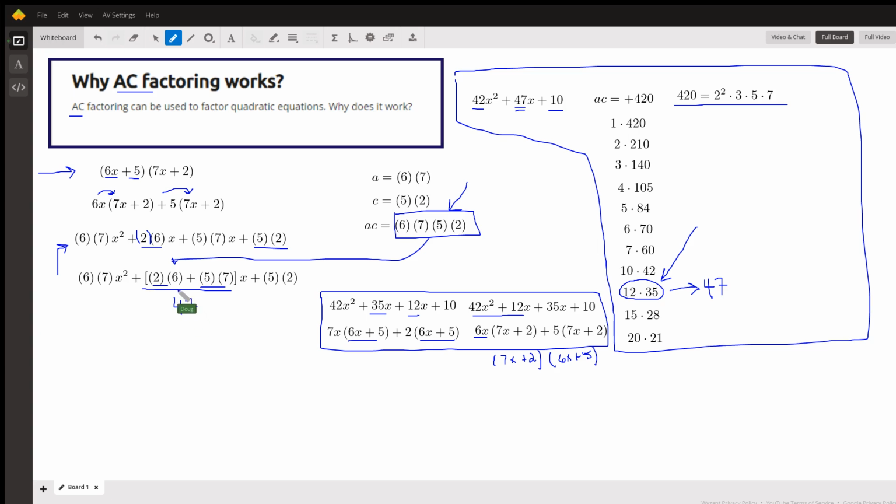And you can experiment with different numbers, but you'll see that A times C always contains the factors that you need to generate the B value. And that's why the AC method works.